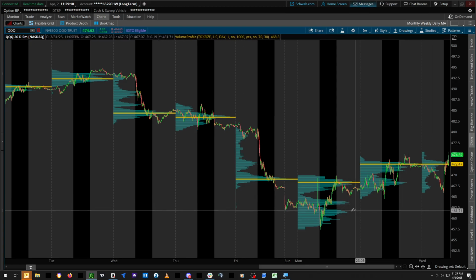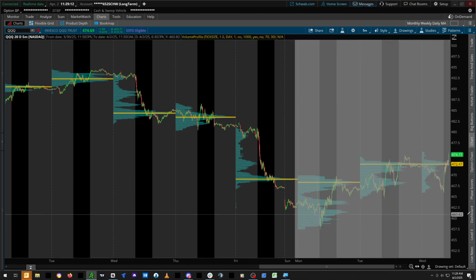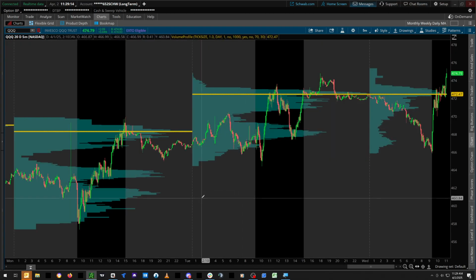So let's just look at the last couple of days. We see an activity level here. We hit it. A little small. That one really doesn't count. What would stand out to me is yesterday's VPOC. This area right here, maybe here, maybe here, maybe here.